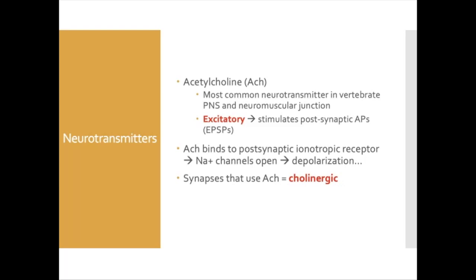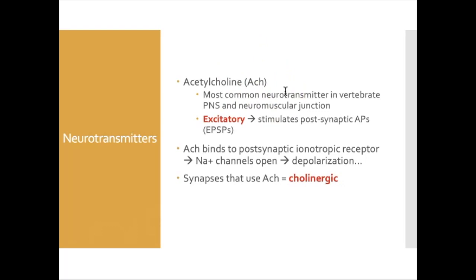Now, within the peripheral nervous system specifically, the most common neurotransmitter in humans is acetylcholine. And the reason acetylcholine is so abundant is because it is the neurotransmitter that's used at the neuromuscular junction. Now, we shorthand acetylcholine like this with a capital A and a lowercase ch.